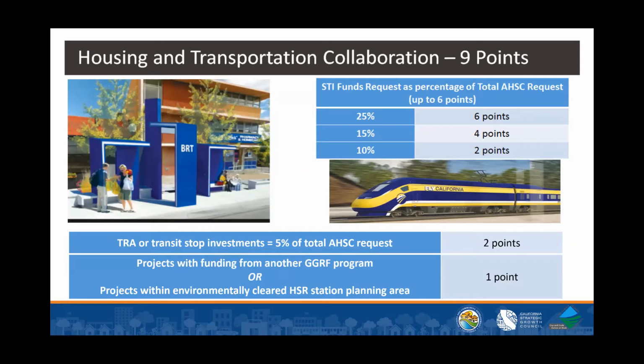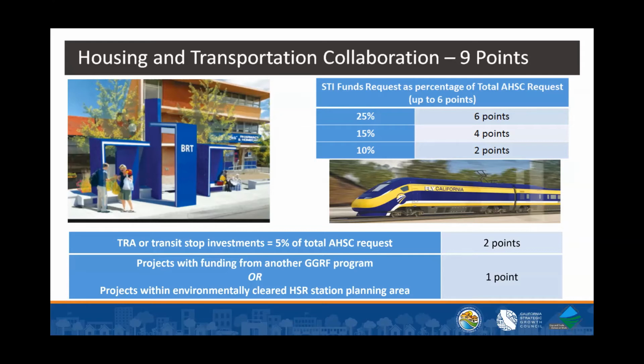Housing and transportation collaboration. This one earns you up to 9 points. For STI funds requested as a percentage of the total AHSC request, if you get 25%, you can earn up to 6 points.